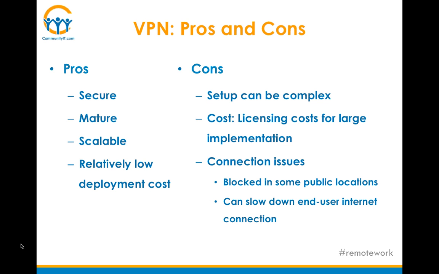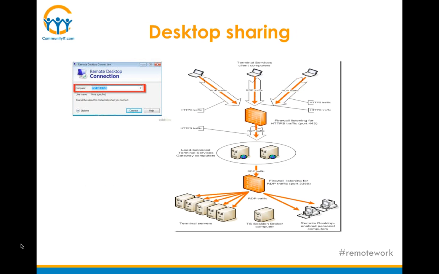VPN traffic sometimes is blocked in some public locations like hotels or libraries, and they mainly do this to limit bandwidth usage because it can get out of control. If the DNS setting is not correctly configured for your VPN, it could slow down the end user's internet connection.